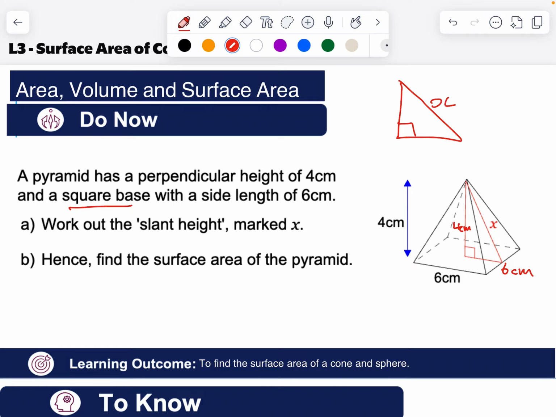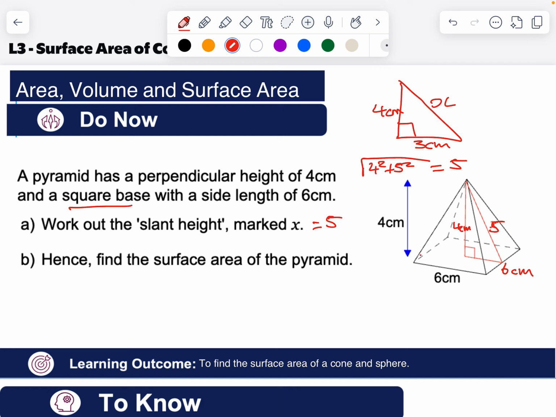This is x on the outside, this is 4 centimetres, and because it's a square, the measurement at the bottom is just going to be half of 6. So this slanted height is going to be the square root of 4 squared plus 3 squared, which should be 5. So x in this question is 5.